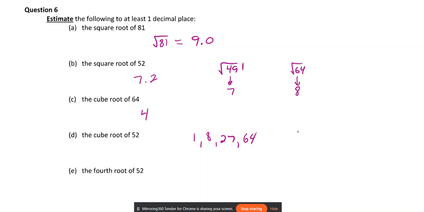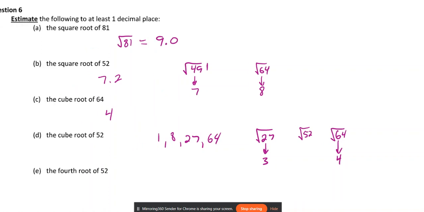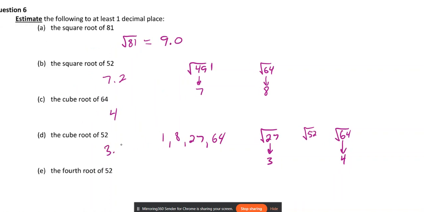If I know the cube root of 27 is 3, and the cube root of 64 is 4, then the cube root of 52 is between them. Yeah, 3.6, sure, close enough. Did you get 3.6 when you put it in the calculator?